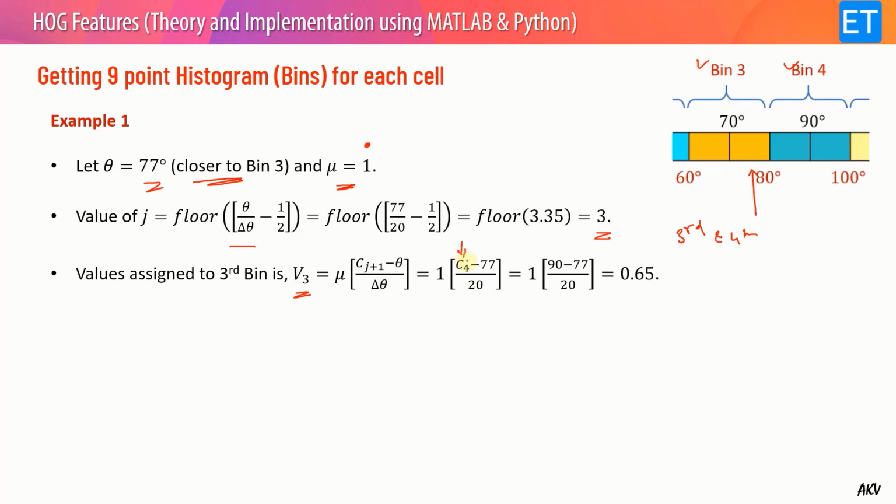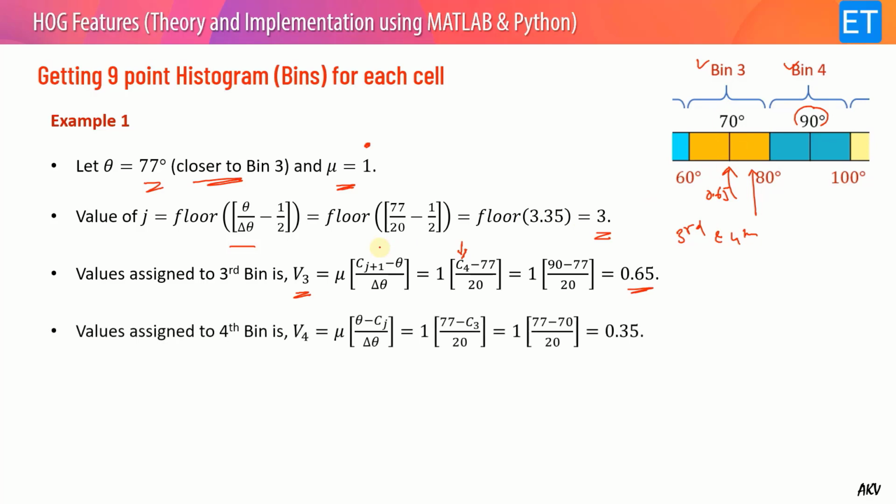This C4 is the center of the fourth bin, which you can see is 90. So it is 90 minus 77, upon 20, which corresponds to 0.65. It means 65% of mu will be given to bin number 3.